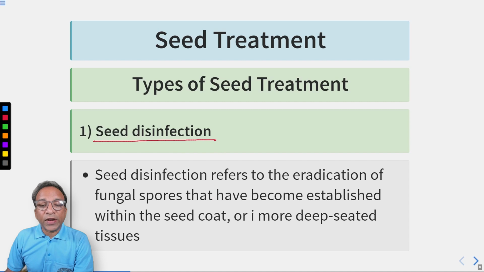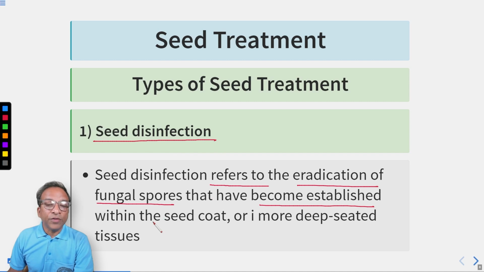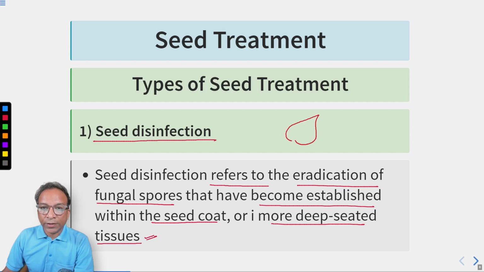Seed disinfection refers to the eradication of fungal spores that have become established within the seed coat or in more deep-seated tissues. Suppose this is a seed, right? Sometimes the spores are present inside the seed coat, and sometimes they are also present inside the deep tissue.